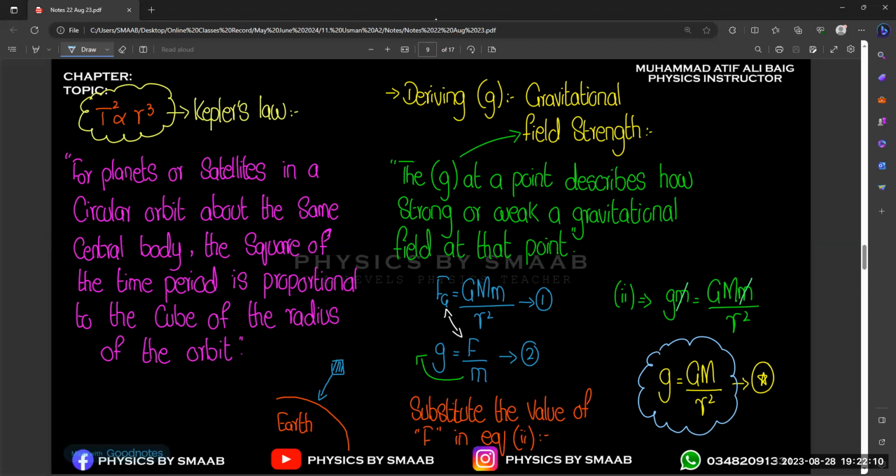And the next thing, one more thing, we are talking about gravitational field strength. So normally we just derive a formula. Let's suppose they ask whether gravitational field strength is a scalar quantity or a vector quantity. What do you think?